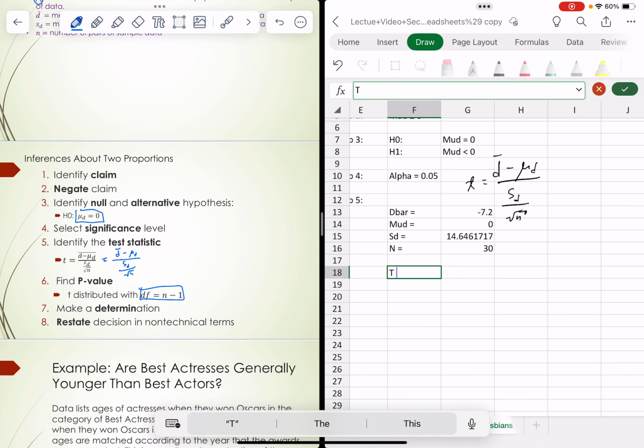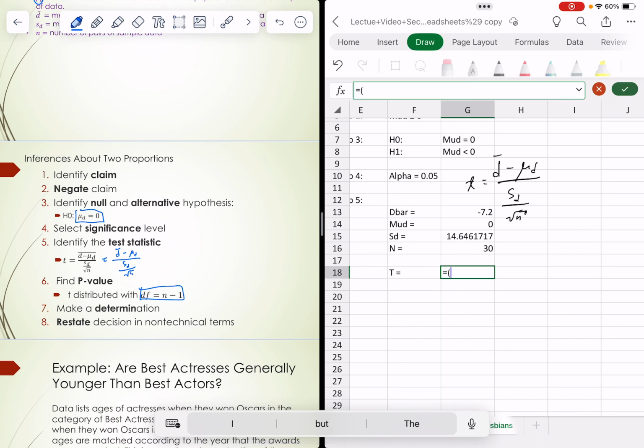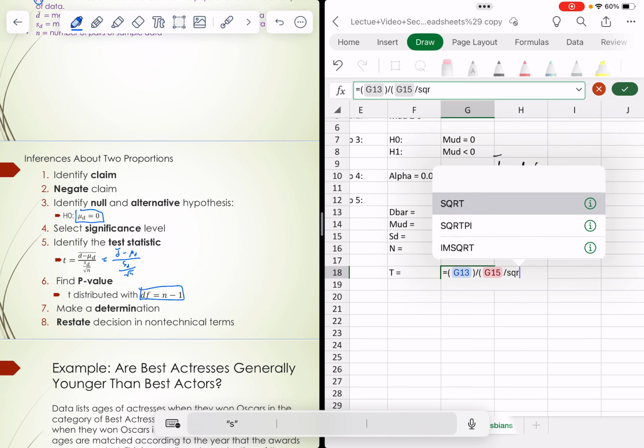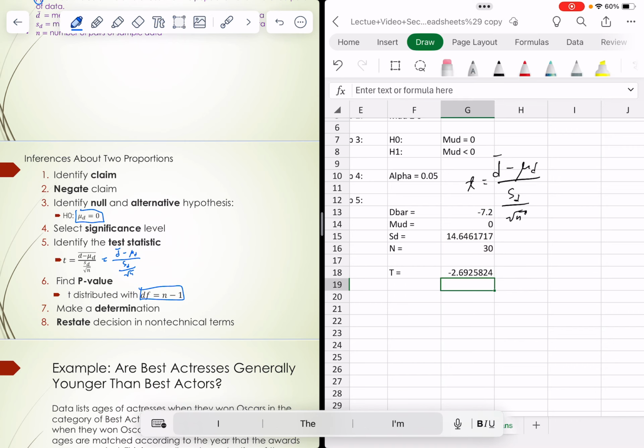So here I go. T equals parenthesis D bar minus 0 divided by parenthesis S divided by square root N. Okay, enter.